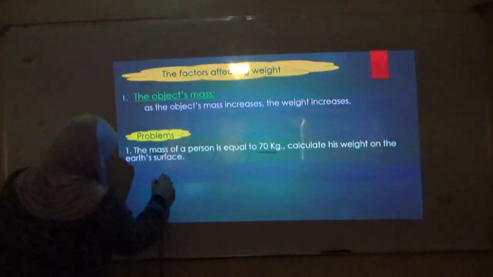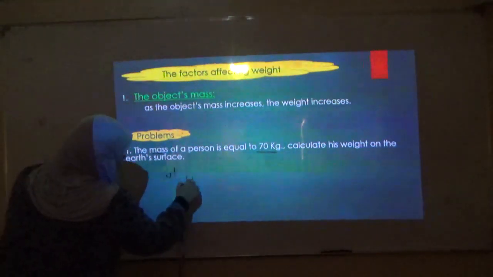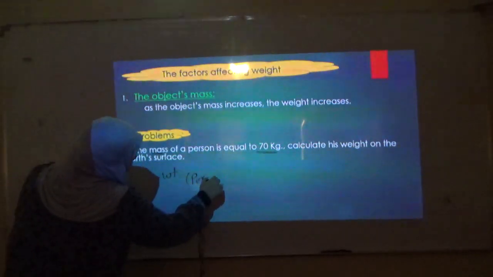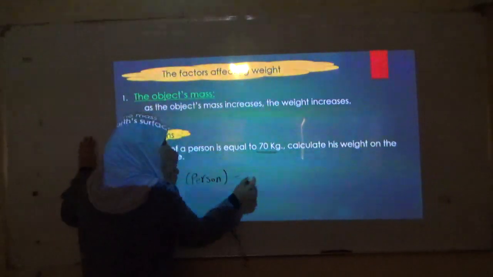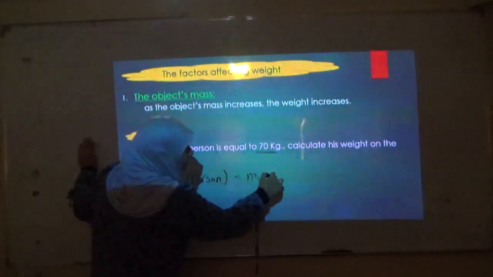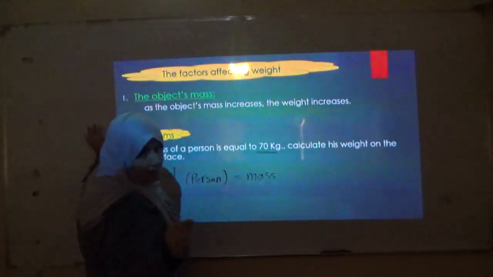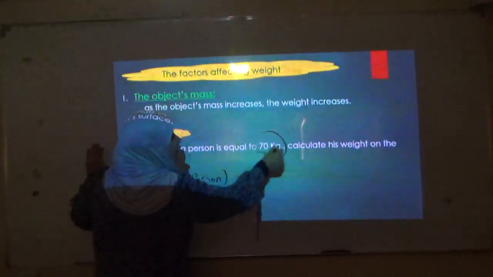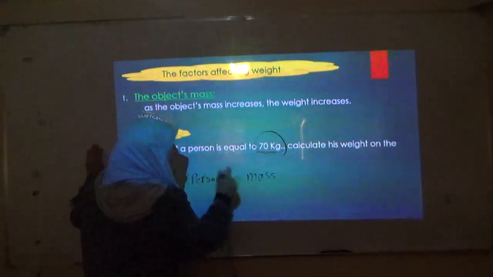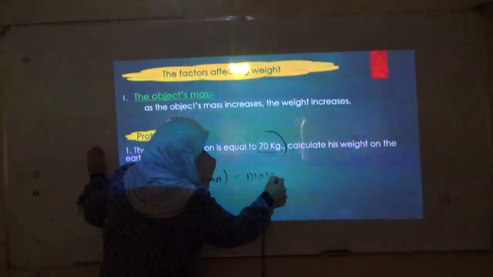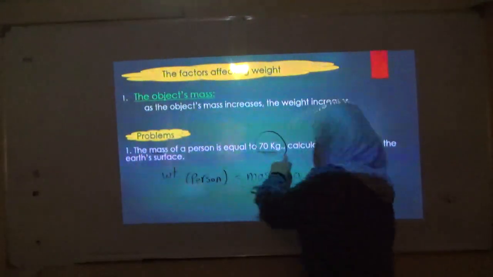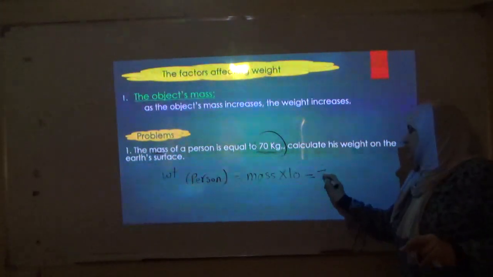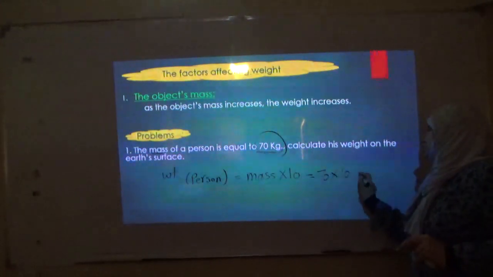Before you answer, try to be sure that the mass is given in kilograms. So, the weight of the person on the earth's surface will be mass measured in kilograms multiplied by 10, and the mass is given here as 70, multiplied by 10.